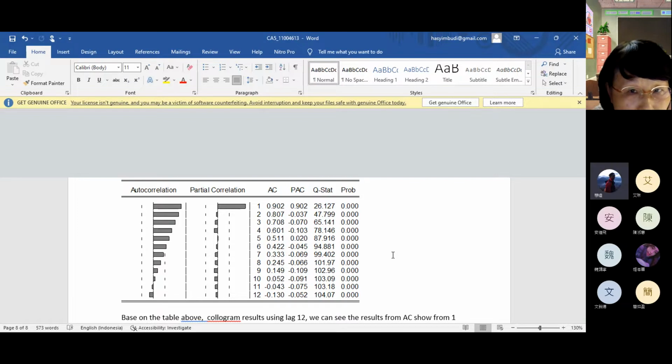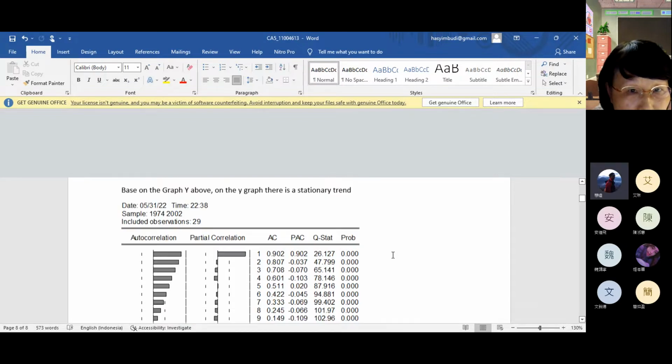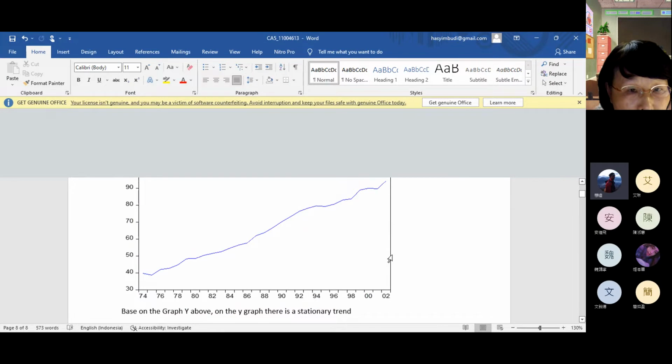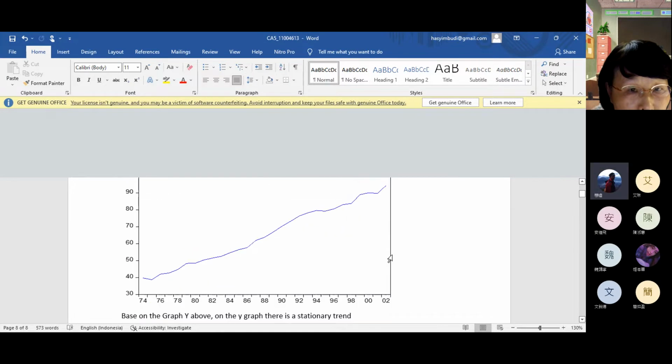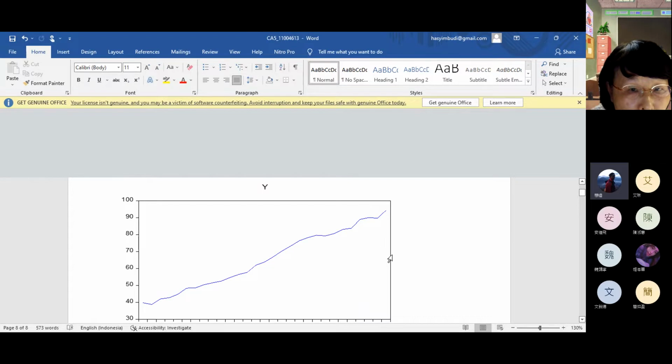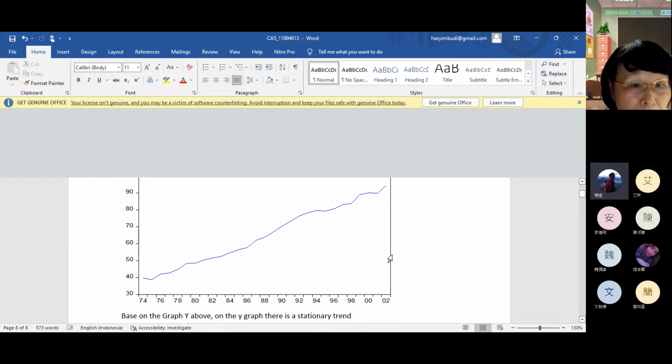Once more, bro. When I see the graph, is it a stationary trend? How about this graph? This is trend up, right? Yes, this is trend up. There's suspicion of autocorrelation.